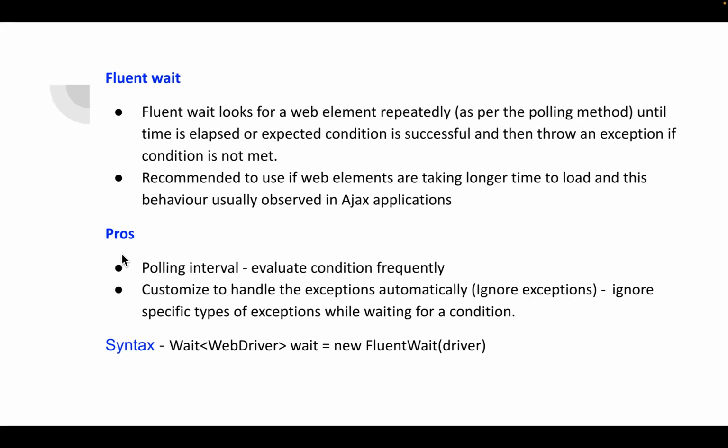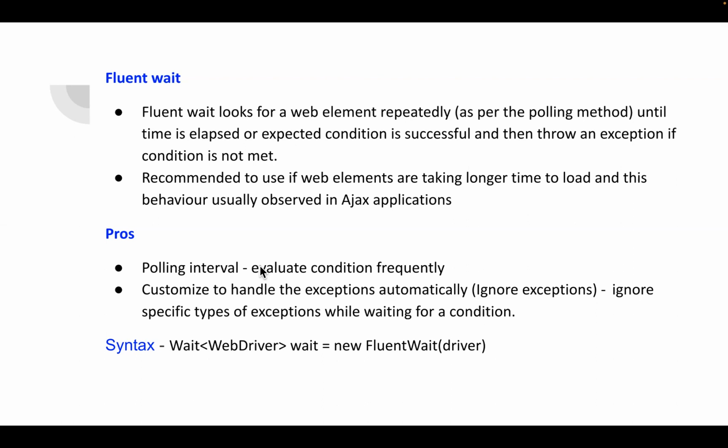These are the pros of using a Fluent wait. The main features that we see here are the polling interval and also customizing the exceptions. With the polling interval, we can mention the time, right?